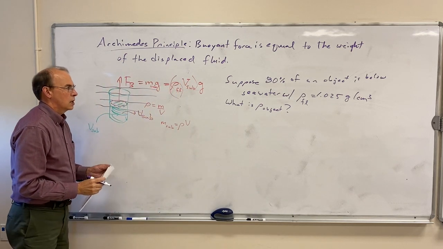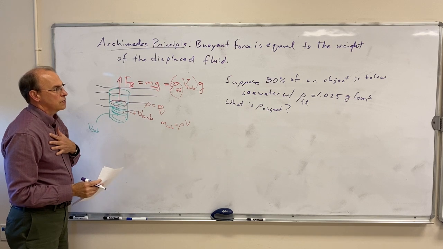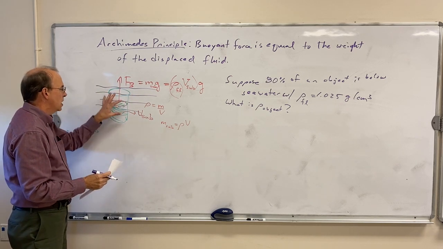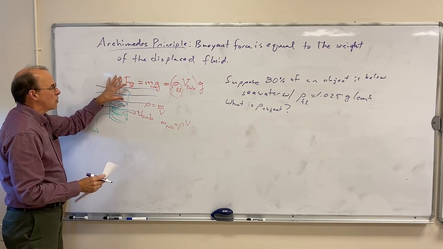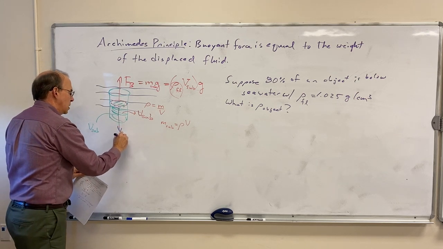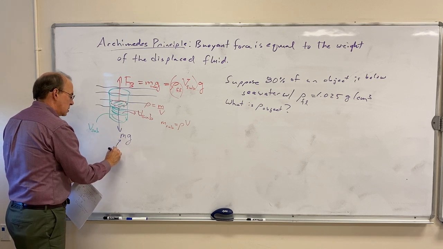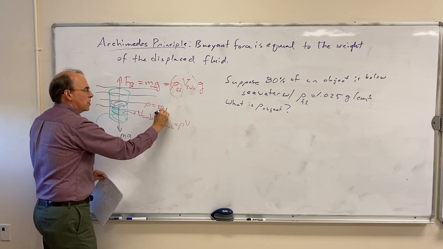All right, well let me start with something I know. And I'm assuming the object is floating because only 80% of it's below, so 20% of it's above. So here's my object as I have shown here. There's a buoyant force holding it up. It still has weight down, mg, but this is now m of the object. When I did this stuff a while ago, this was m of the fluid.